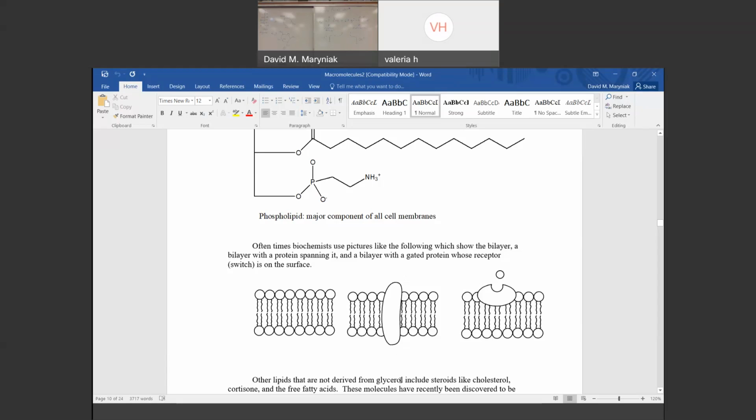Several reasons. Might it assist in getting stuff across? Those we might call gated proteins or protein channels. Otherwise, you might be embedded or you could just be on the surface. So this represents a protein on the surface, and it could be on the inside or the outside of the cell's membrane. And what might this circular thing be?